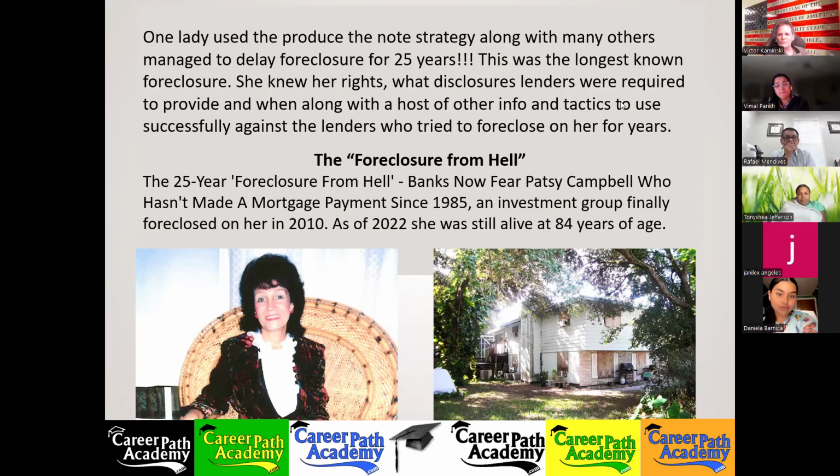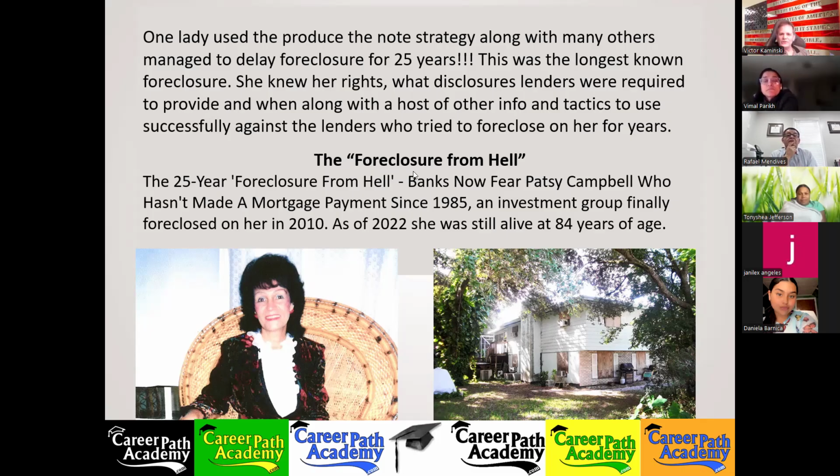And then that lender wouldn't stay long enough. They would have resold that note to some other lender. And then she was off the hook for a while because it was quiet until that lender picked up the foreclosure and started the foreclosure. And then she just started it all over again. She managed to delay that foreclosure for 25 years.